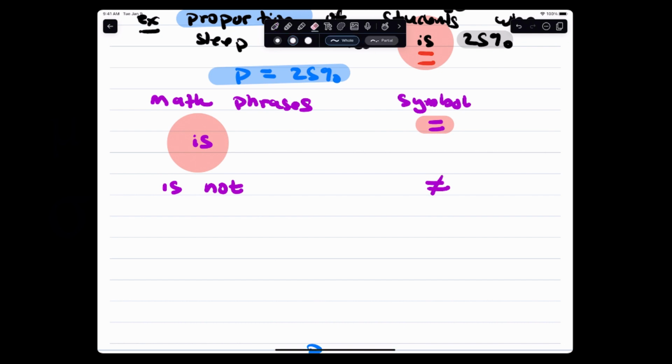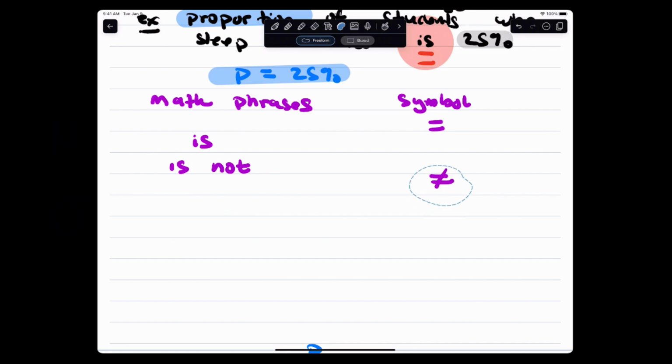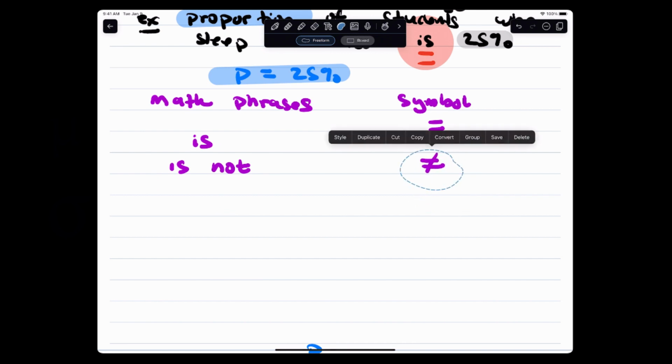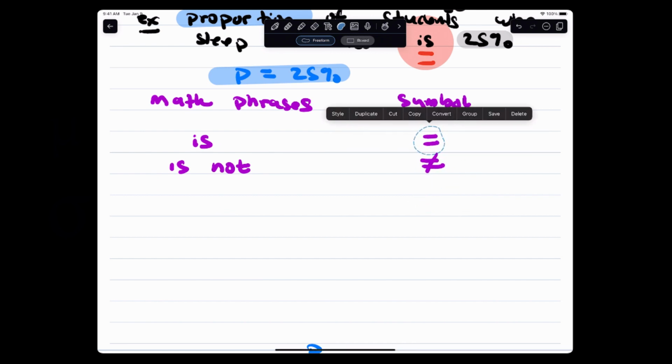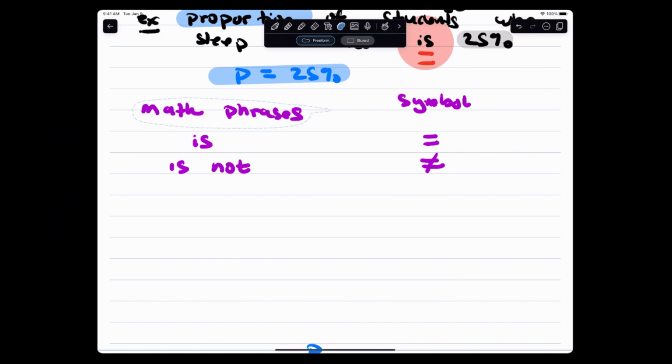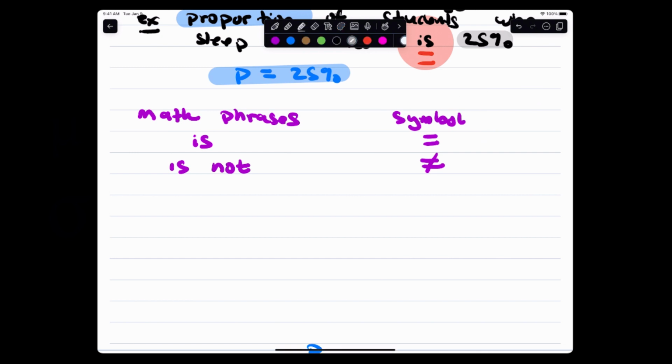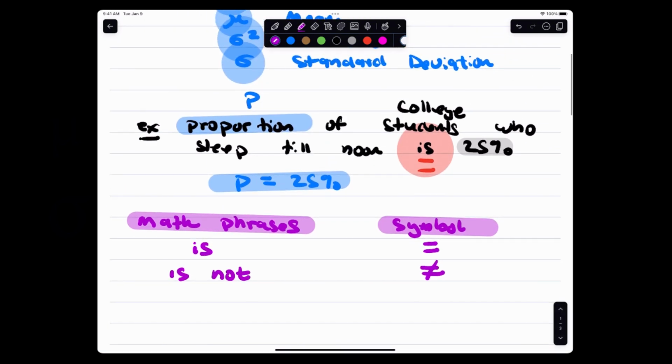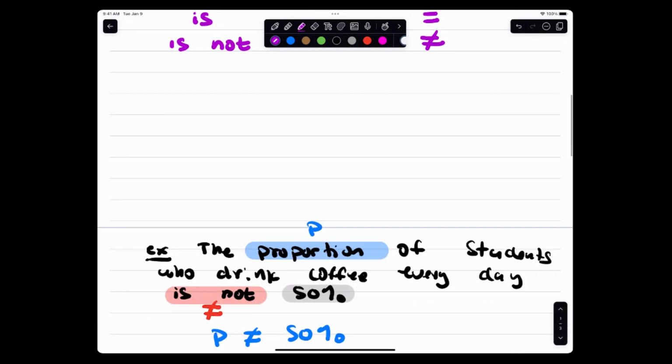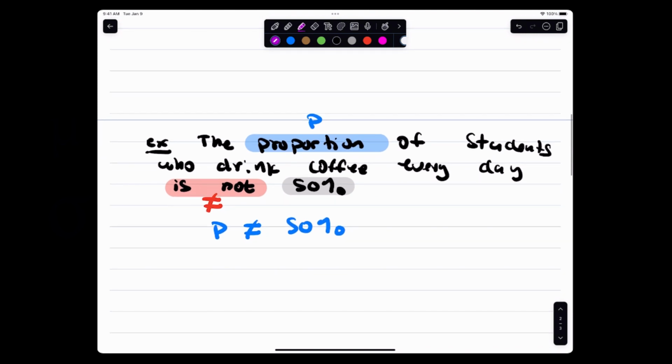I want to make sure you guys know every one of those particular phrases has a symbol. P is not equal to 50. Okay, so far so good.